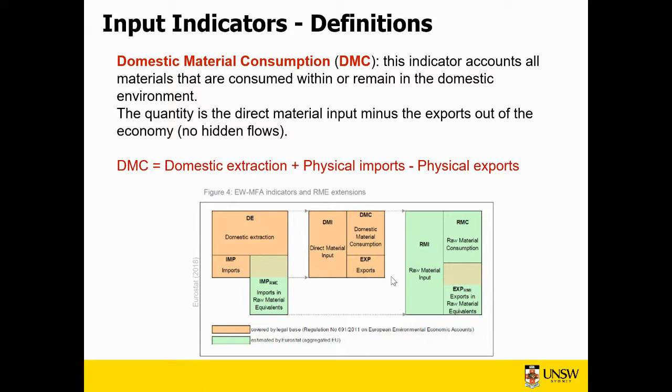So you say, oh, this entered the economy, this was sold to another country, whatever, the difference is what we actually consume in the country. So mathematically speaking, it is the domestic extraction plus the physical imports minus the physical exports. When you say physical, it's just the actual products which come in and go out.